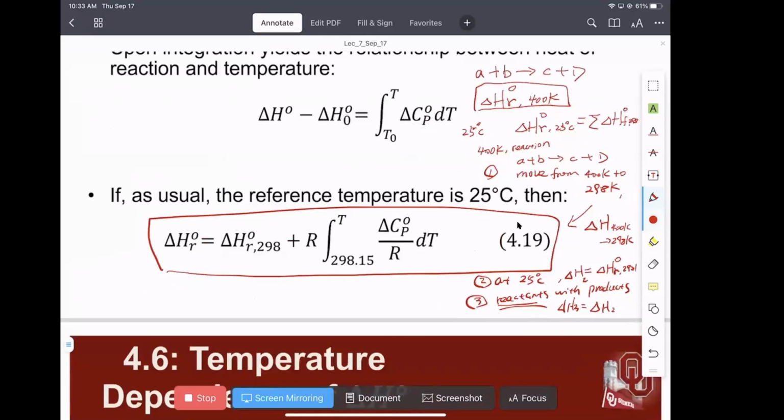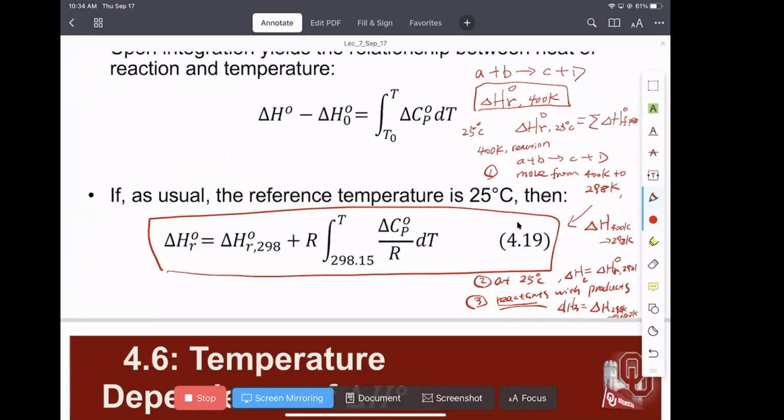Now we are moving this back to 400 Kelvin. Okay, so we try to separate the path at 400 Kelvin by purposely designing the route.